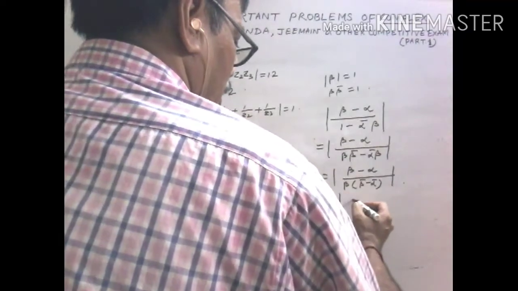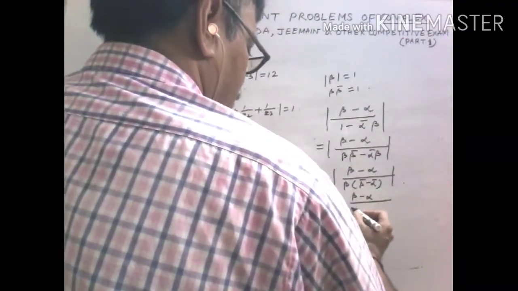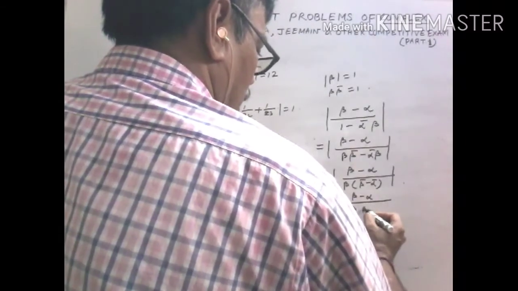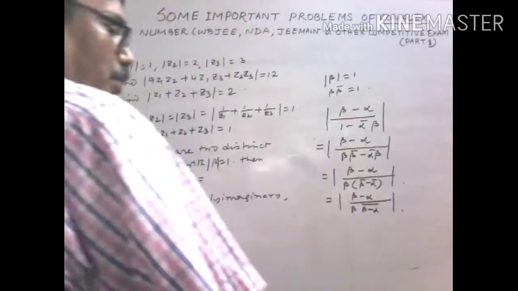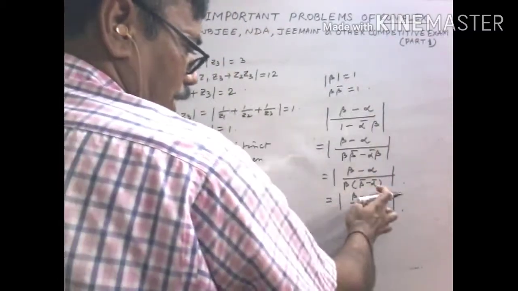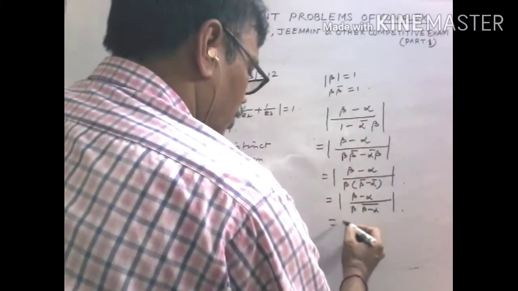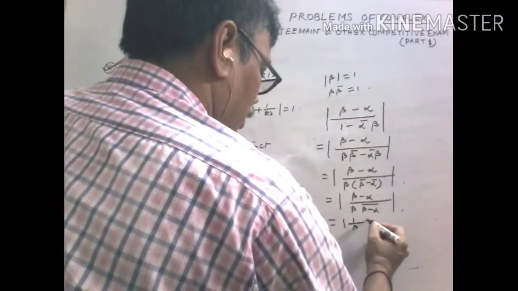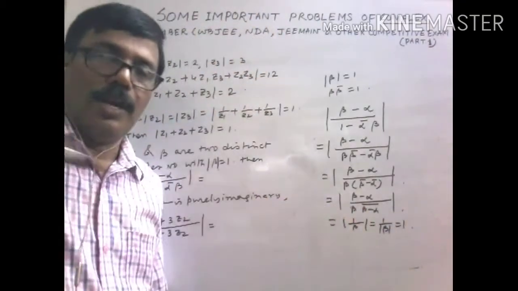So this one is beta minus alpha and beta minus alpha total bar. So we know mod of beta minus alpha. The conjugate of Z and Z have the same modulus. So this is 1 by mod beta. So 1 by beta equals 1.